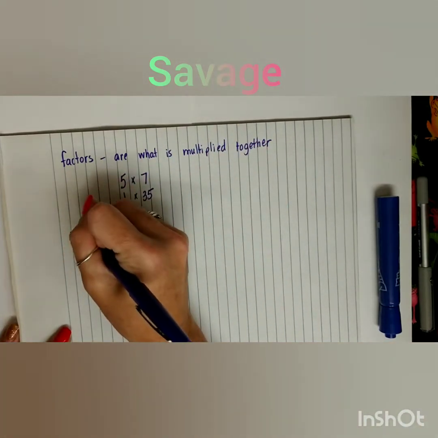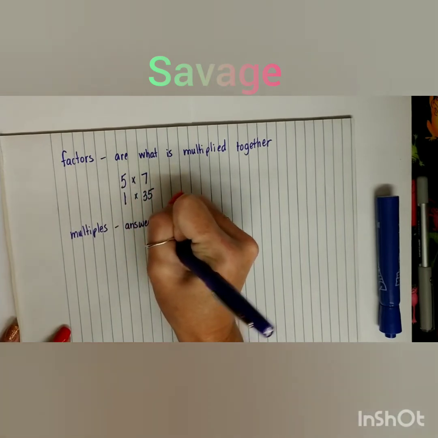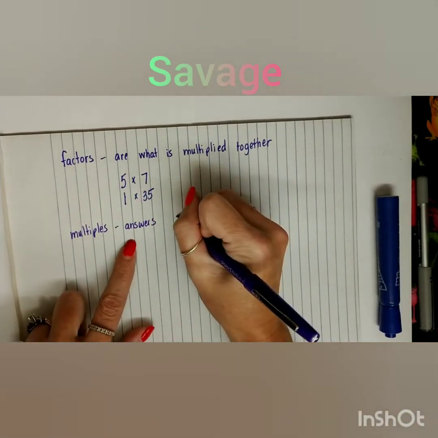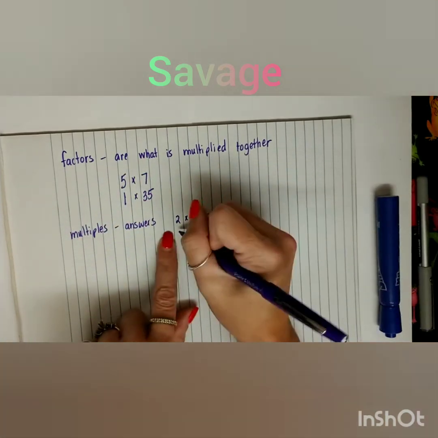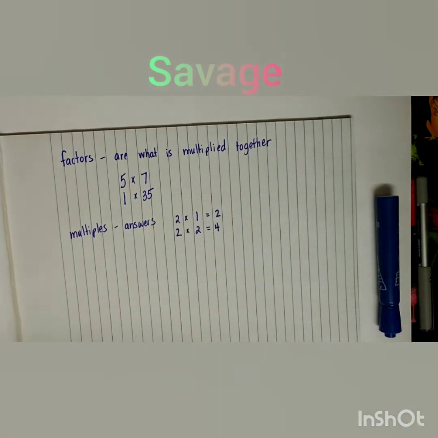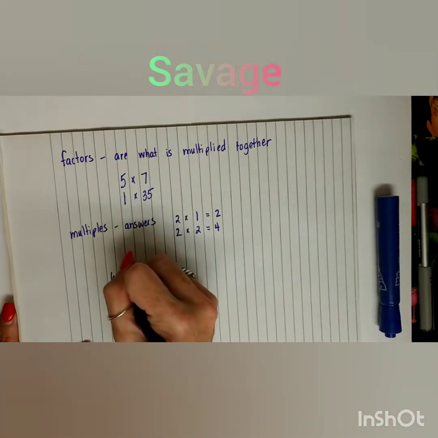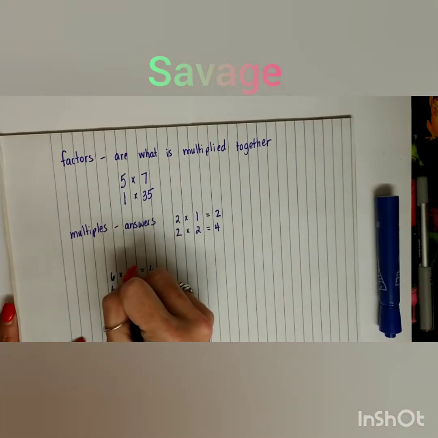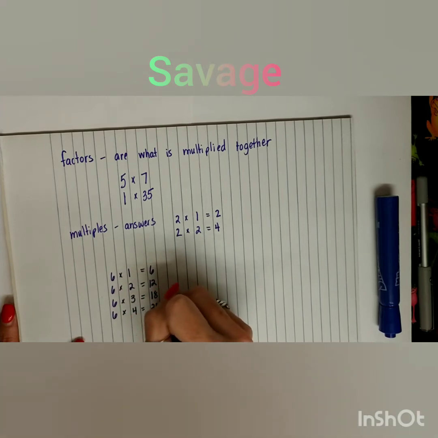Multiples are the answers. So 2 times 1 equals 2. You see how I don't have answers here? That's my multiple. 2 times 2 equals 4, that's my multiple. So if a question says, what are the multiples of 6? Multiples of 6 are your 6 times tables: 6 times 1, 6 times 2, 6 times 3, 6 times 4, and so on.